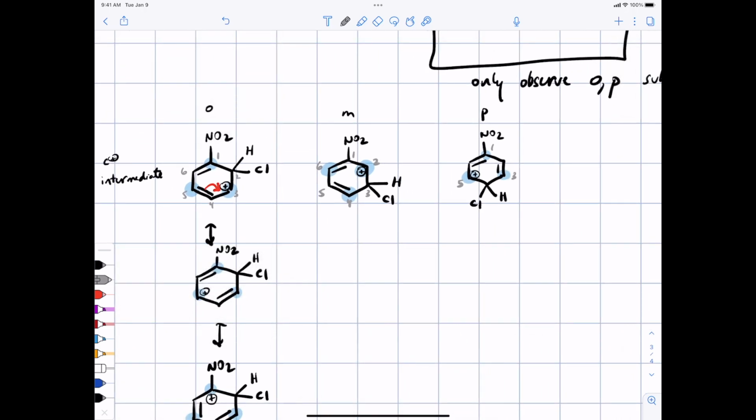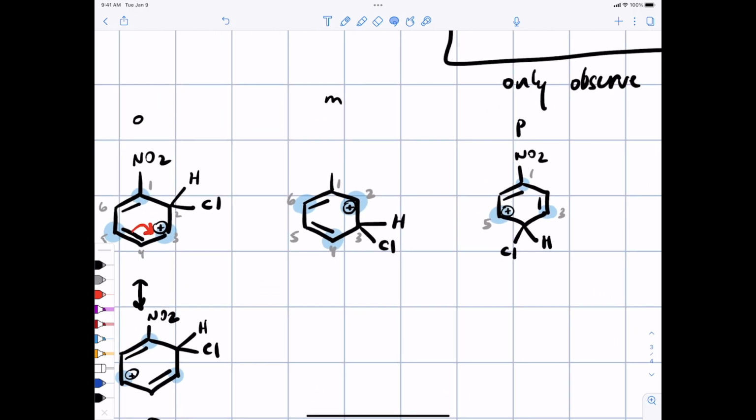All right. Which of those situations do you think is better? To answer that, you may need to know a little bit more about the nitro group. And so it might be worthwhile to draw out the Lewis structure of the nitro group. And maybe let's do that here.